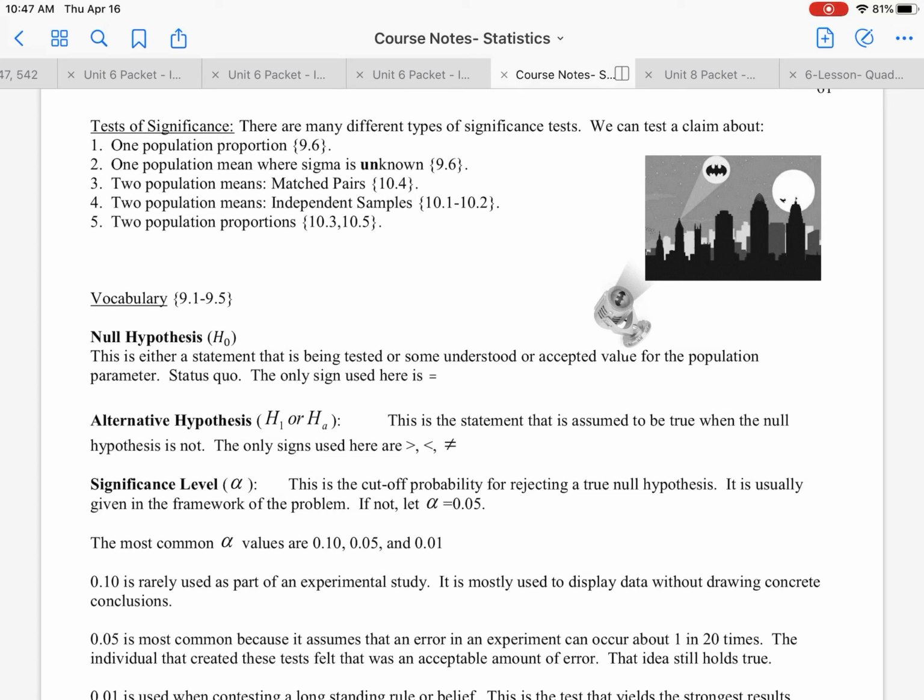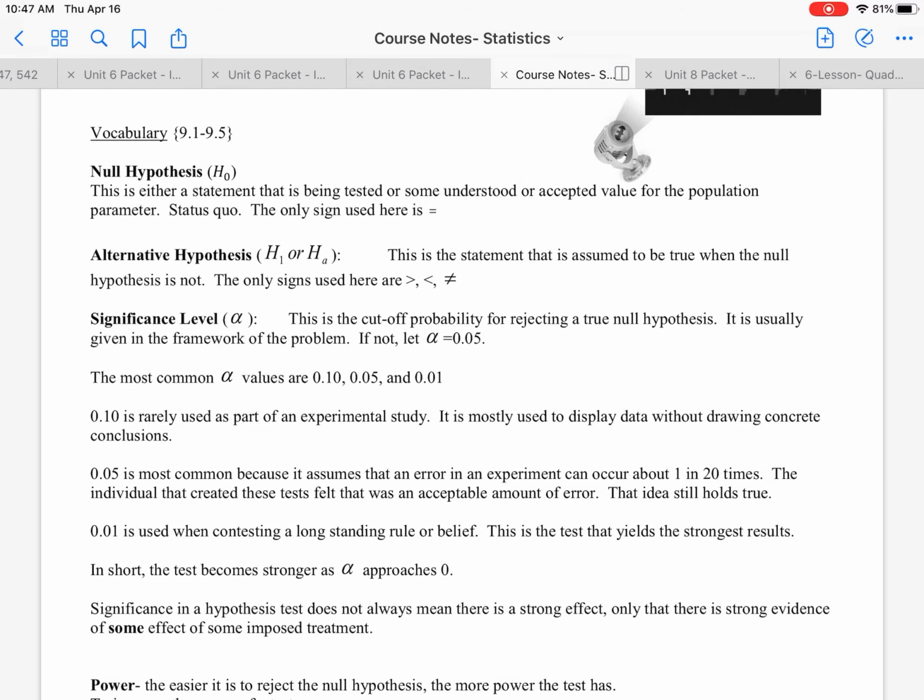It's just kind of sprinkled throughout as needed. I like to get it all out of the way in the beginning because it seems to make more sense to have one little spot in your notes where you could always refer back to it, like, wait, what does null hypothesis mean again? So that's why I have it the way I have it.